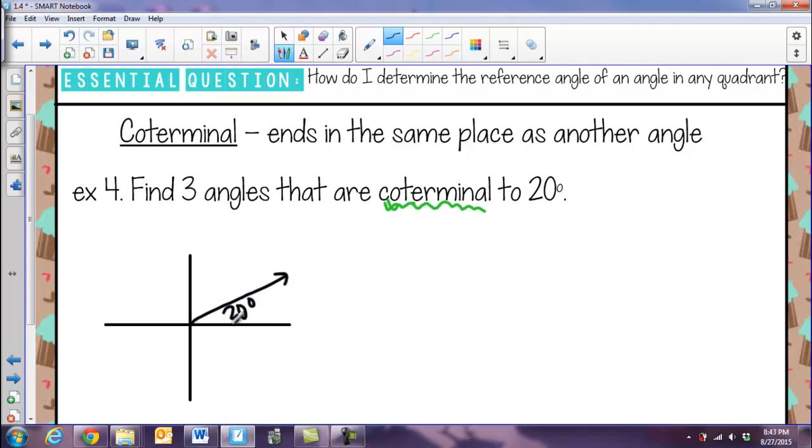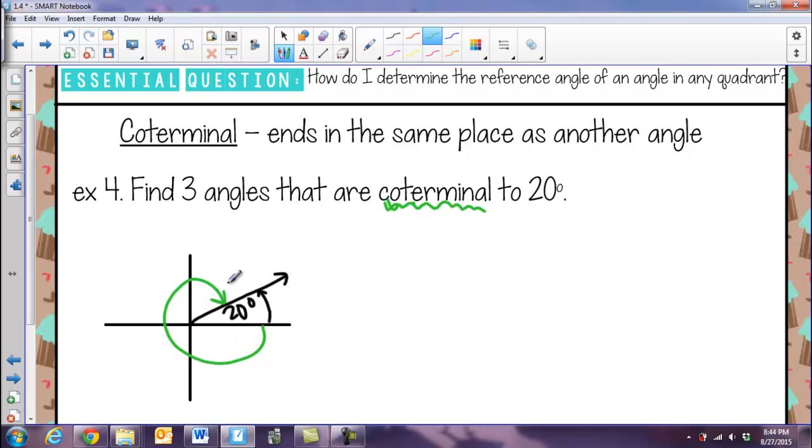Remember, we start with our initial side on the x-axis. The most obvious coterminal angle to this guy is the one where, remember, to get to this 20-degree angle, we went counterclockwise. If instead you go clockwise from the x-axis, that's going to give you an angle that ends on the same spot.